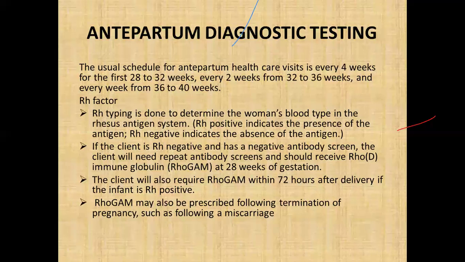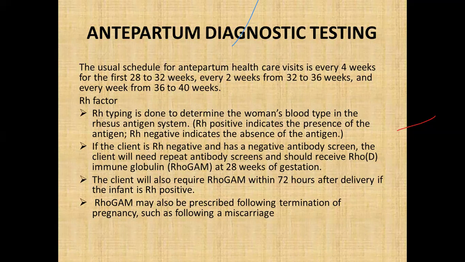If the test comes out as negative again, we give something we call ROGAM. The reason why we are giving the ROGAM is to stop the mother's body from producing what we call the antibodies. So we give ROGAM to the mother at 28 weeks of gestation, when the mother's rhesus factor is known to be negative.